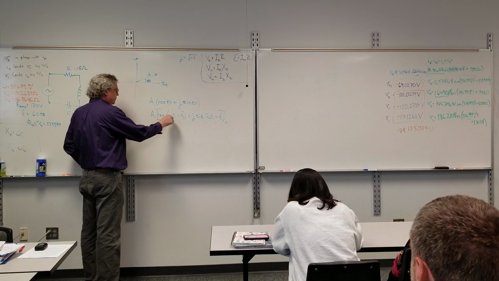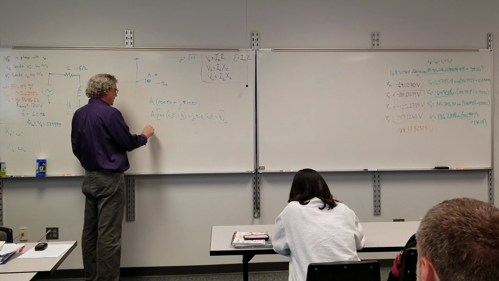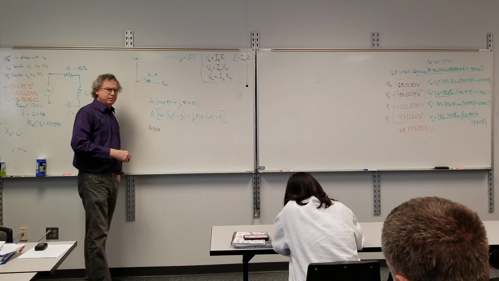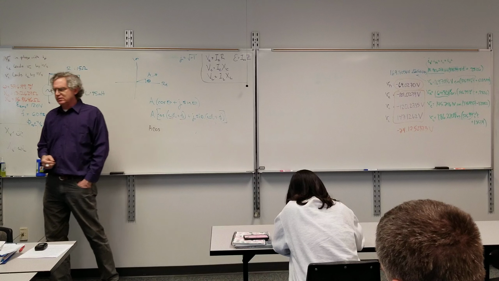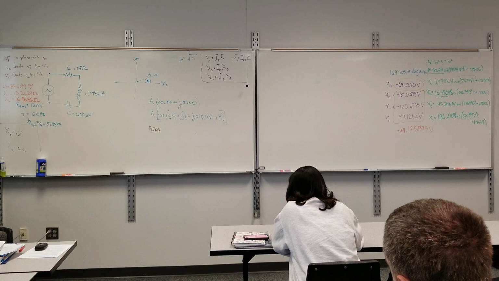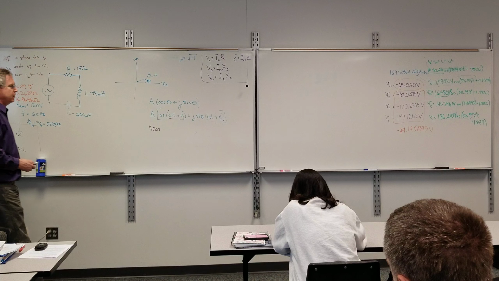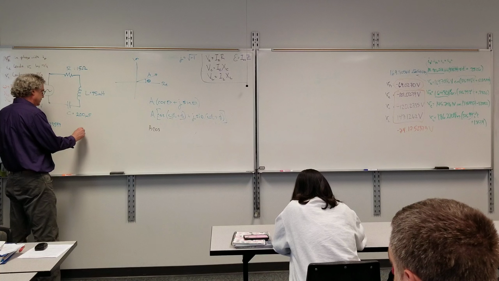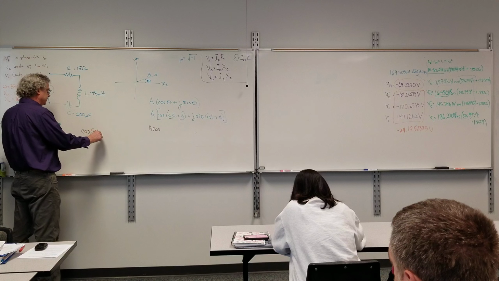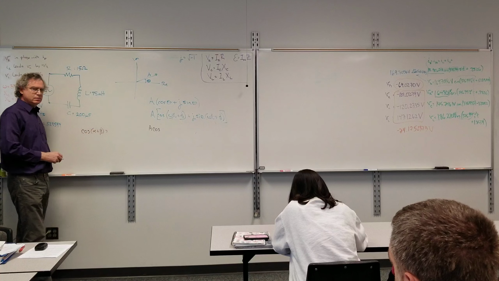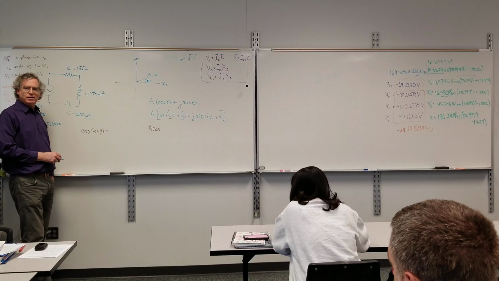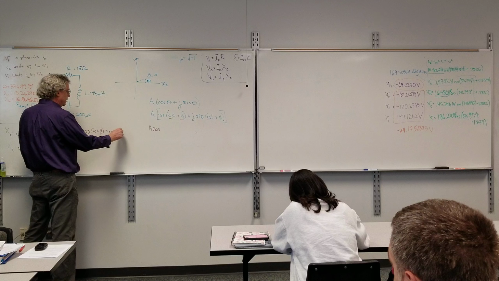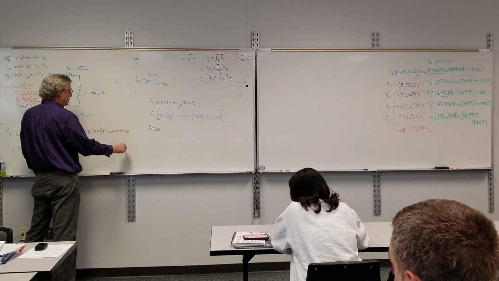I have the cosine of the sum of two angles here, so that's A times the cosine of, you tell me, the sum of angles. Cosine of alpha plus beta equals what? Cosine alpha cosine beta, plus sine alpha sine beta.